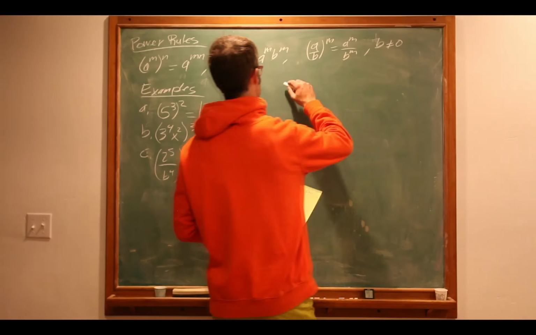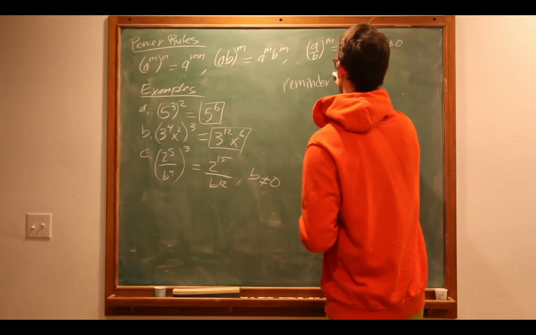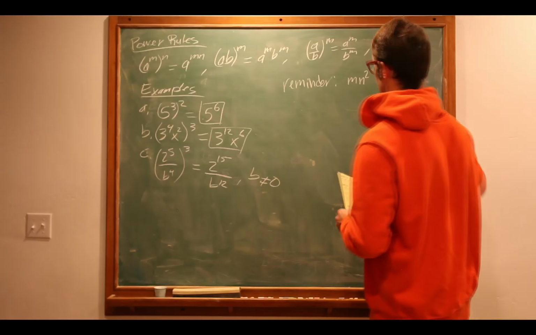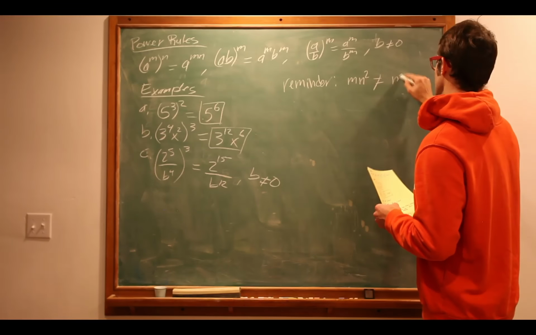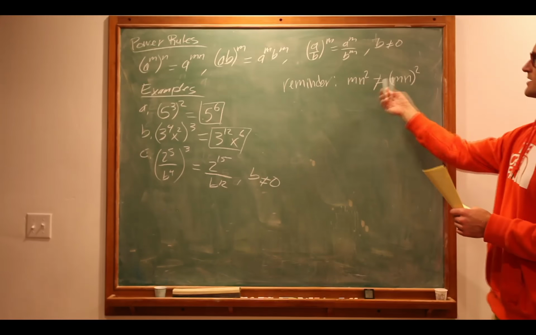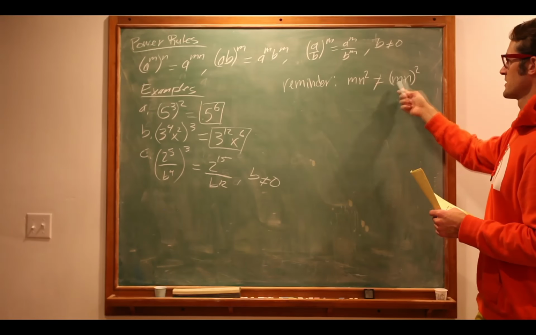And a reminder: m n squared is not equal to mn squared. When mn is inside the parentheses, you are squaring both the m and the n.